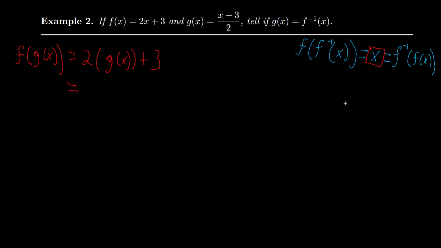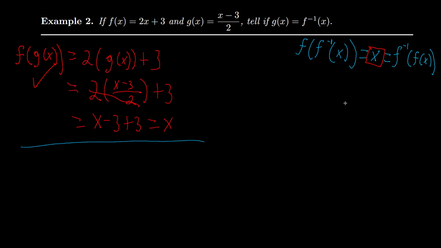And now we just figure this out. So this is 2 times whatever g of x was, plus 3. Well, g of x was just x minus 3 over 2. There's a 2 out here and a 2 out here, so they just cancel. And we're left with x minus 3 plus 3, which is just x. Okay, so this worked.